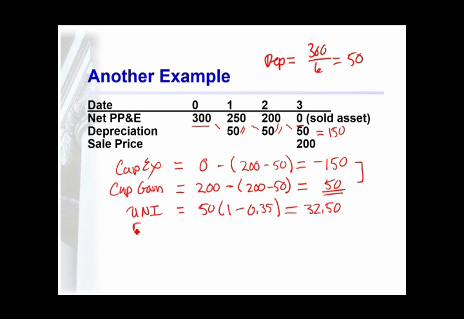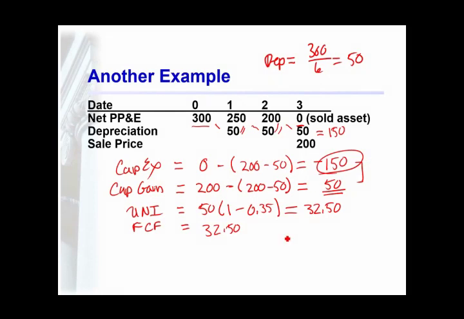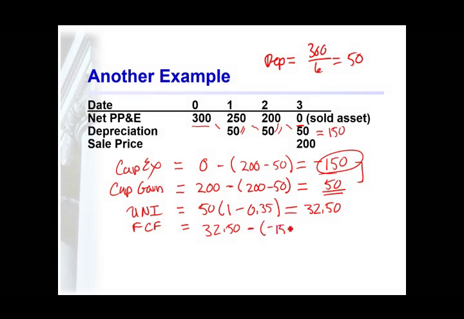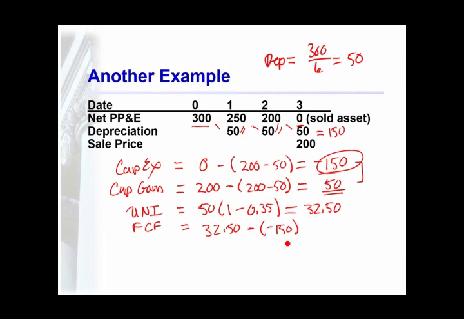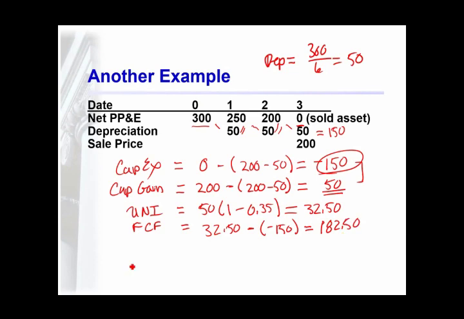Our free cash flow will recognize that we have unlevered net income of $32.50 and that we also have this untaxed revenue as a result of selling the book value of the assets of the combine. The way that's recorded is a negative capital investment, and we subtract the negative capital investment, but notice that it's untaxed. So the cash flow resulting from this sale is $182.50.